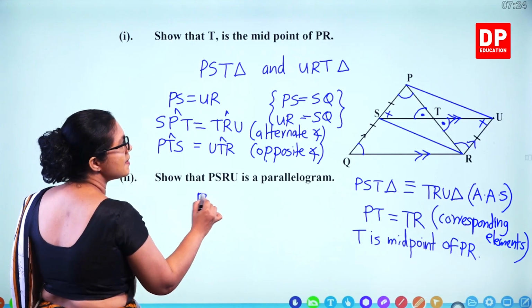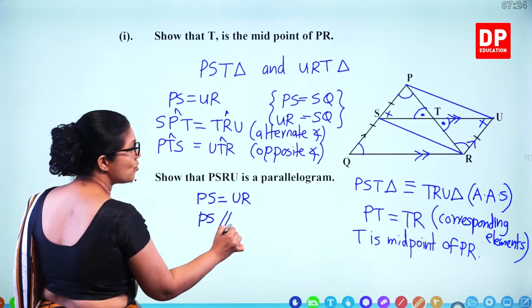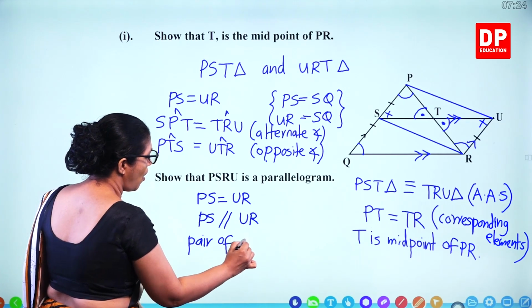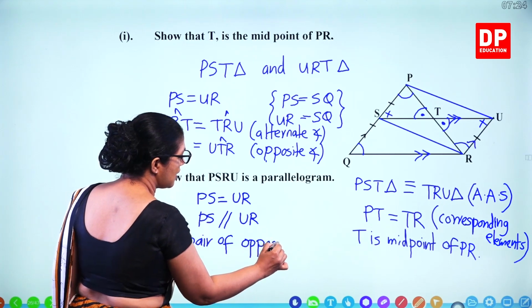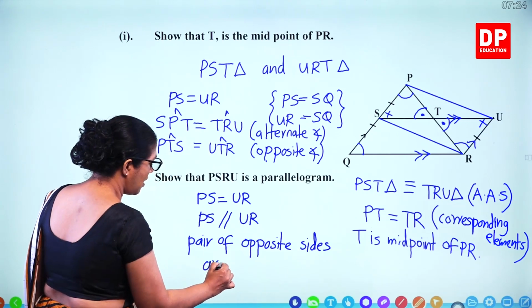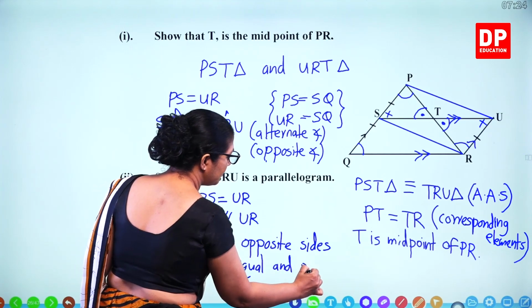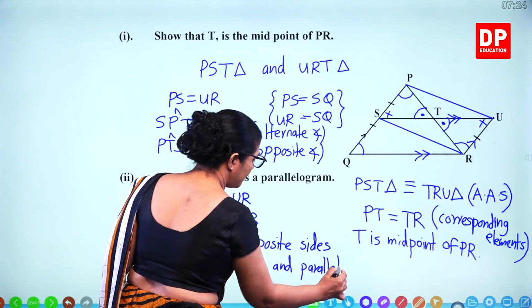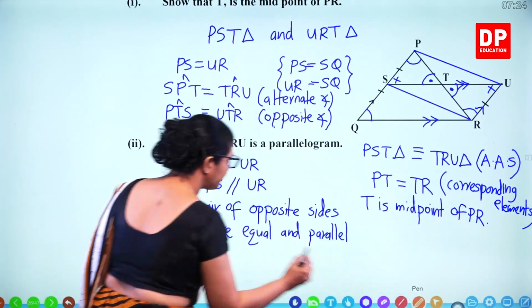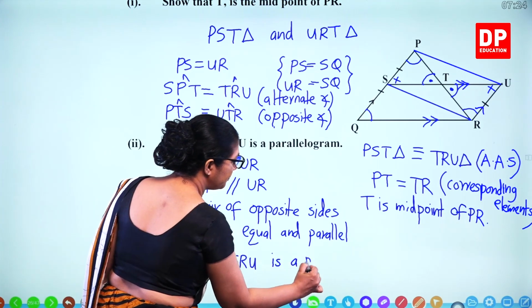We know that PS is equal to UR, PS is parallel to UR. Pair of opposite sides are equal and parallel. PSRU is a parallelogram.